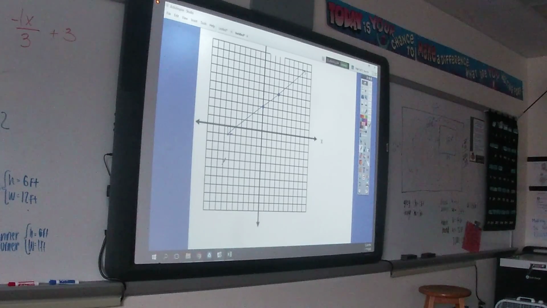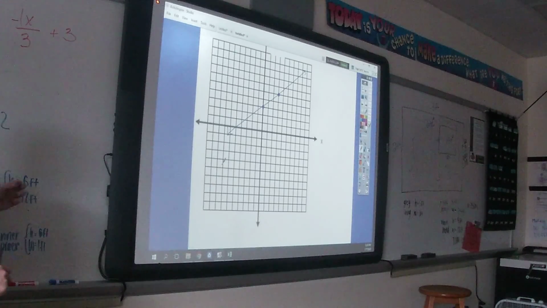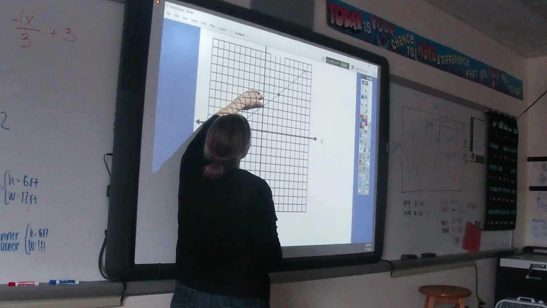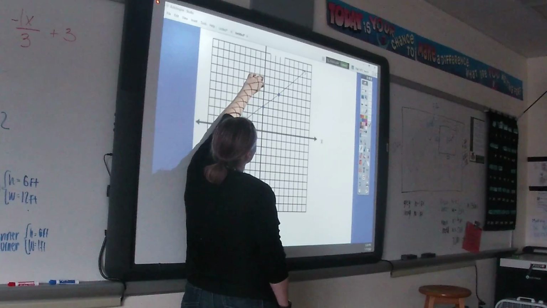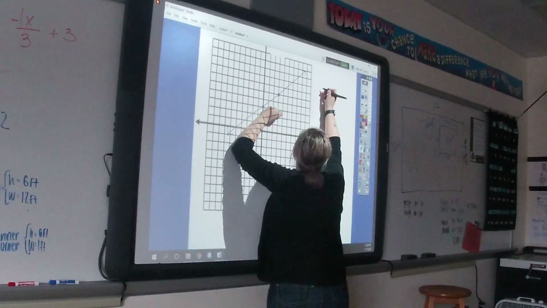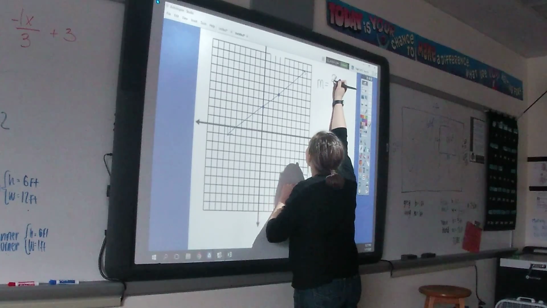But let's say we want to write the equation of this line. What do we think? Okay, so maybe rise over run is going to be important. So do we agree we can find the slope of this line? Okay, so we can count how many we go up. So how many do we go up? 2. And how many do we go over? 3. So slope is 2 over 3.